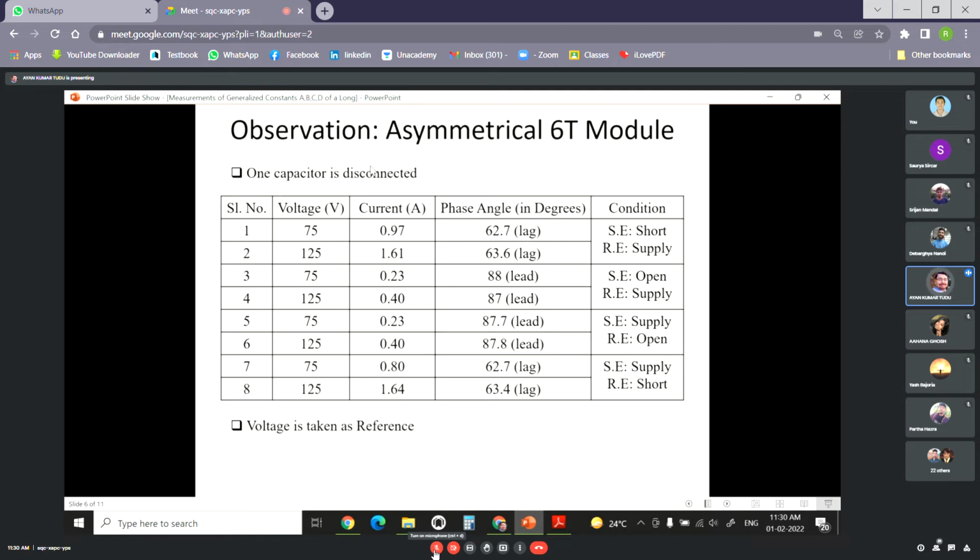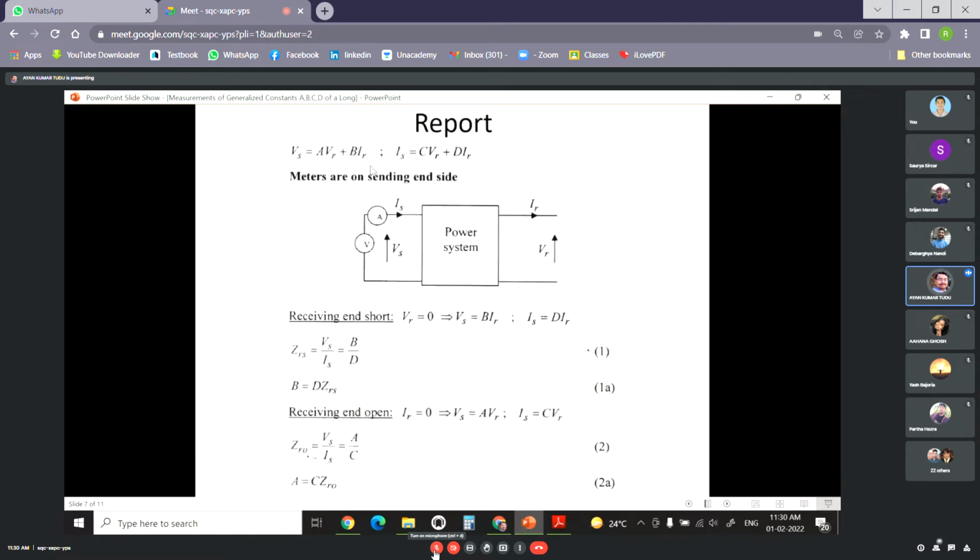Now the question comes: how will we proceed? As I said at the start of the class, we can think of the transmission line as a two port network. Please remember that when we talk about a two port network, the general convention is that current flows into the network.